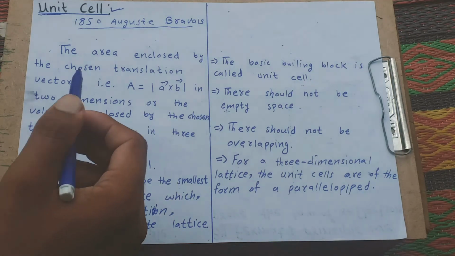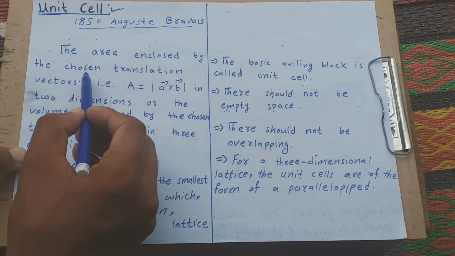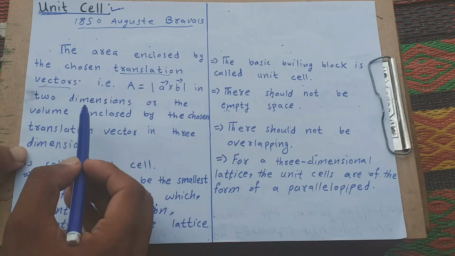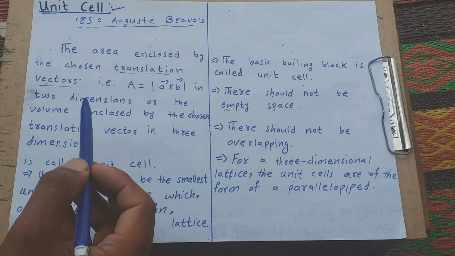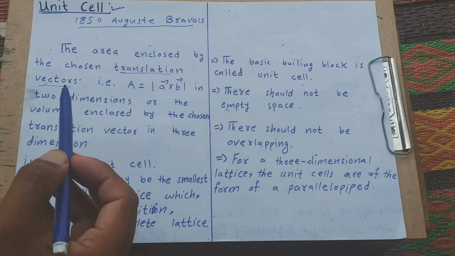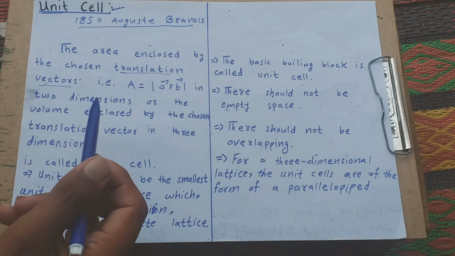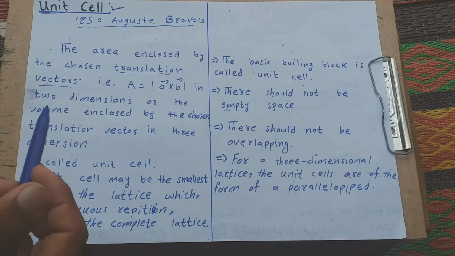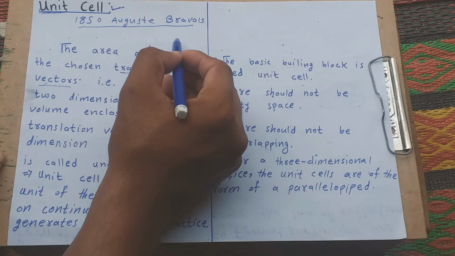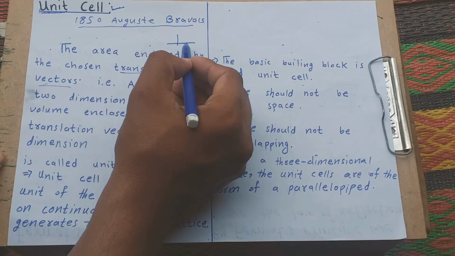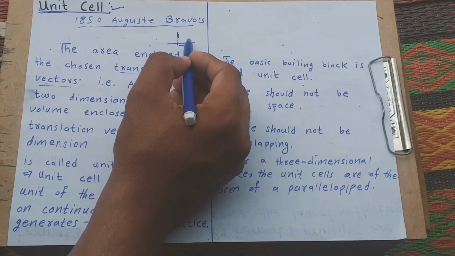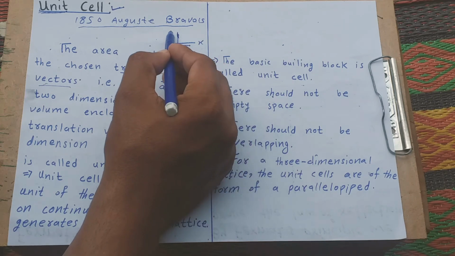Similarly, here we define the area enclosed by the chosen translation vectors. We know that length times width is known as area, and in translation vectors, area exists in two dimensions. For example, this is length, this is height, existing in two dimensions x and y.